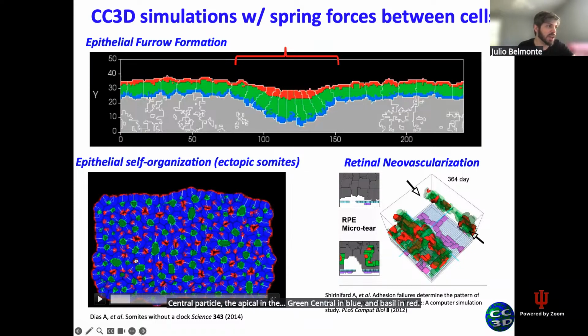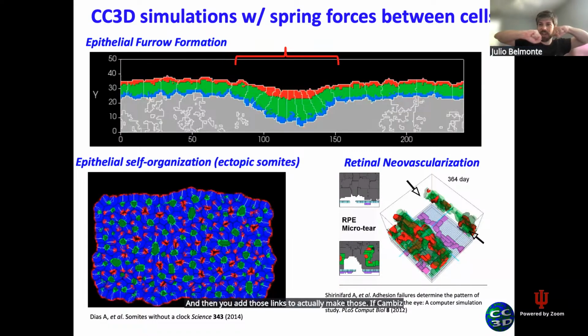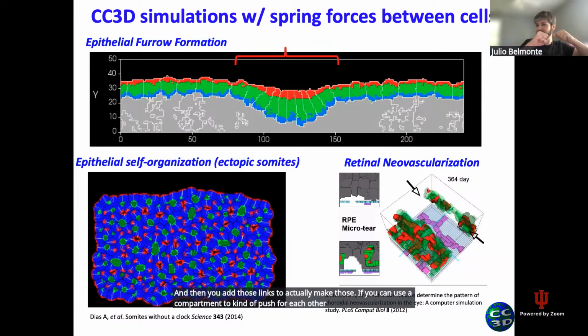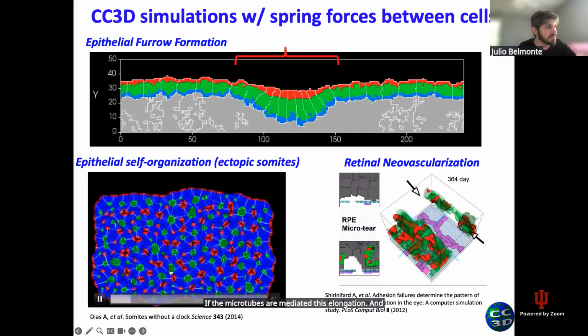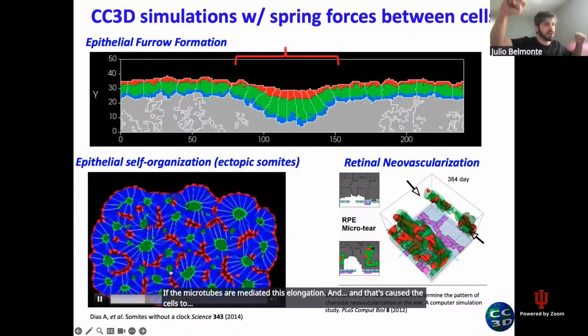And then you add those links to make those apical and basal compartments push away from each other. So you can think of this as maybe being the microtubules, if the microtubules are mediating this elongation. And that causes the cells to become longer and longer and longer.